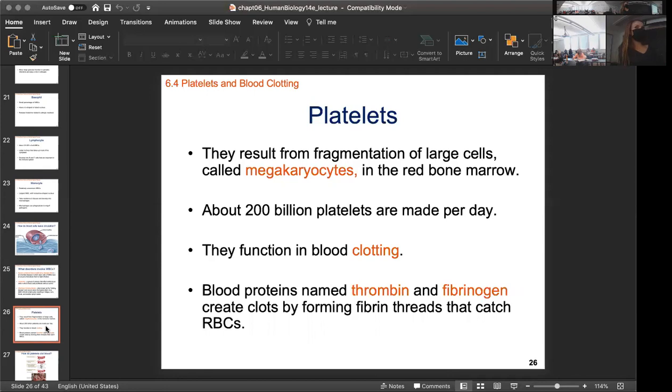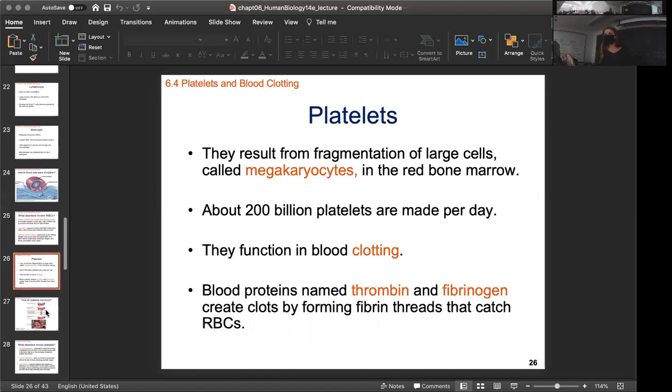And there are all these different elements to it, like the white blood cells, and now we have these platelets. There's a lot of itty bitty platelets in your blood specifically. There are 200 billion platelets made per day. That's such a big number that you actually can't conceptualize how big it is. They help with blood clotting, which is important.